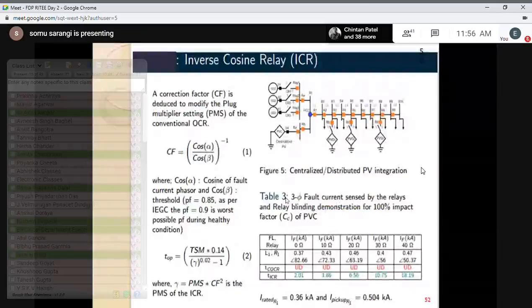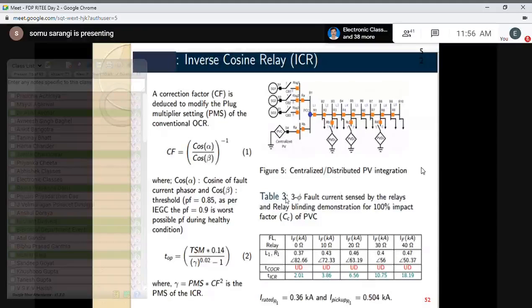Now, another technique we have used is called the inverse cosine relay. In this case, we have used the control technique of the inverter, which normally takes the power factor. Normally, it operates at unity power factor. However, in our distribution system, with the synchronous generator, the power factor will be less than that, because of the reactive nature of the system.